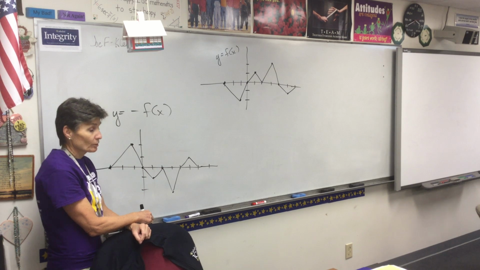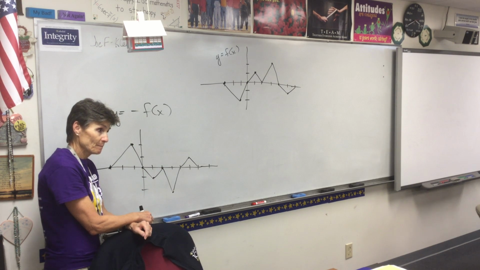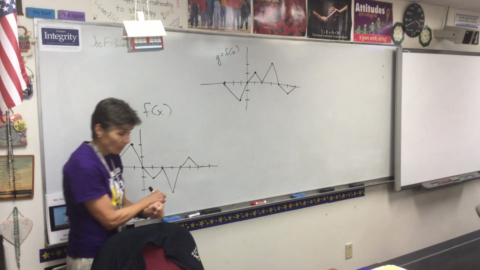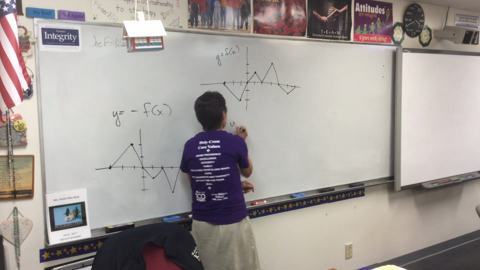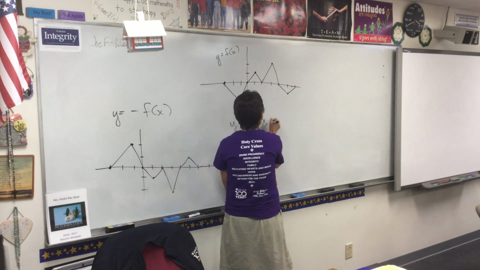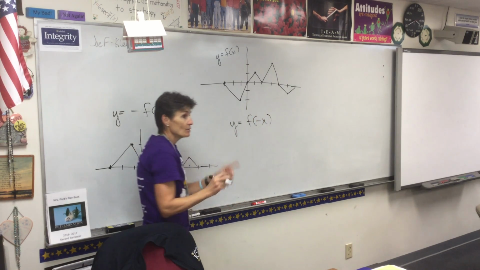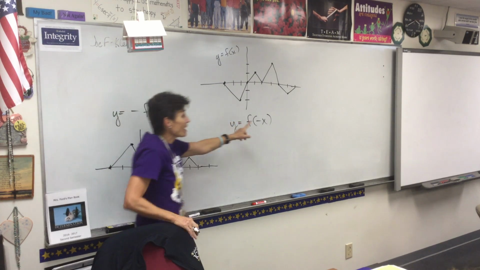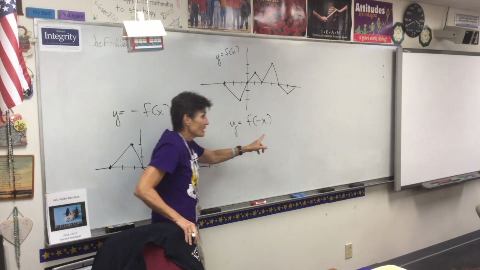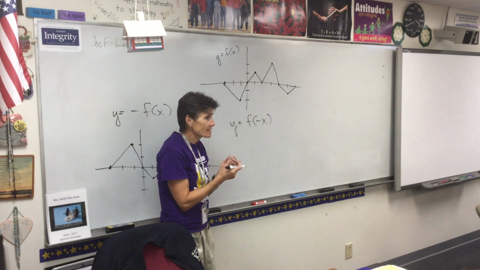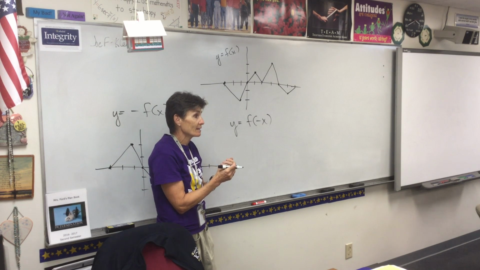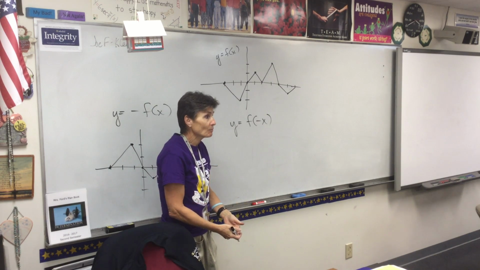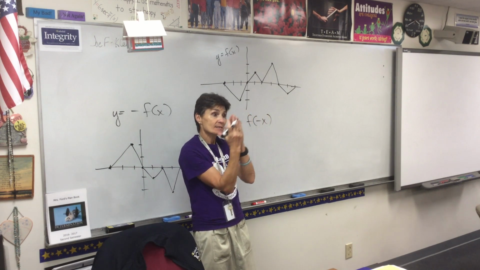Now, look at the next problem. The next problem says use the same picture, but now we're doing f of negative x. Notice the negative is now inside the problem. And when the negative is inside the problem on the x, it's not an upside down flip, it is a sideways flip.